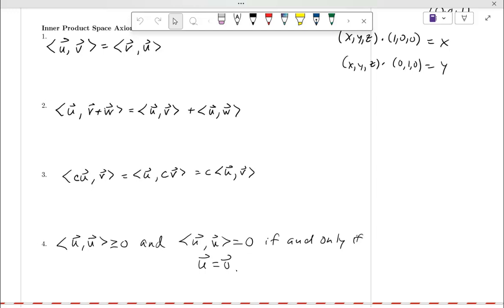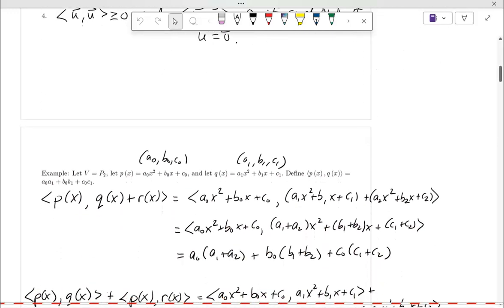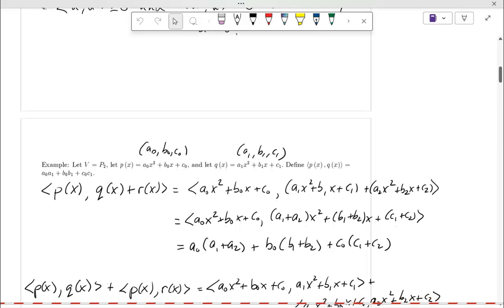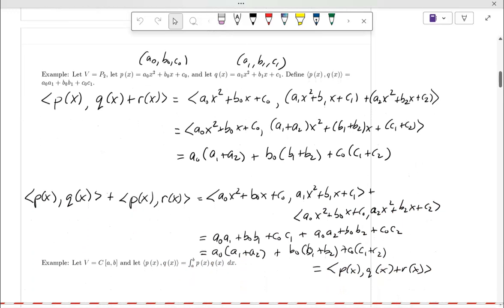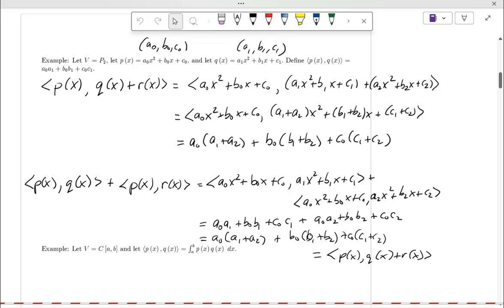We talked about a more general one for polynomial spaces last time. Basically we said that it pretty much looked like a standard Euclidean dot product, if we think of the coefficients on the x squared, the x, and the constant as components of a vector.